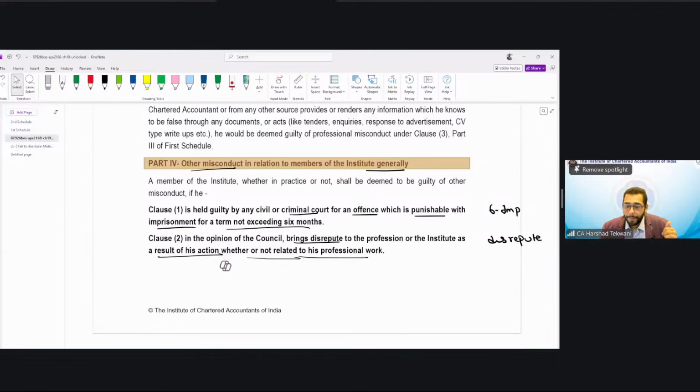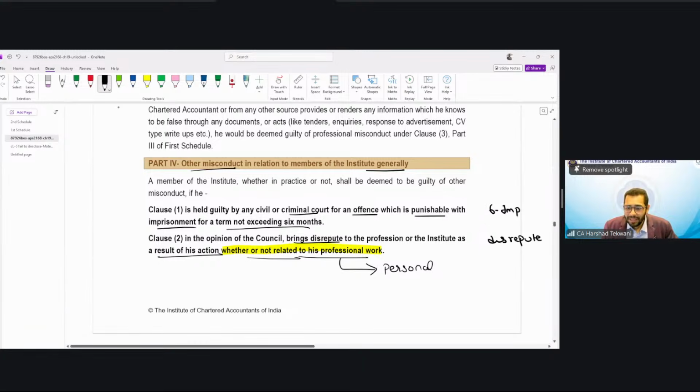Other misconduct, not professional misconduct, remember. And it is applicable to members in general. That means it is not necessary that you have to be in practice. Plus, it is not necessary that it has to be linked with the professional duties, because the wording is whether or not related to the professional work, which means it can be related to personal work.